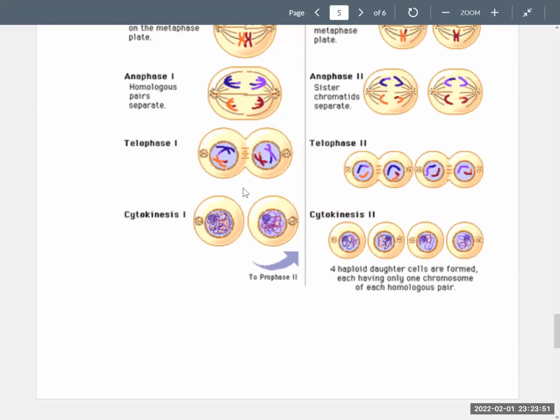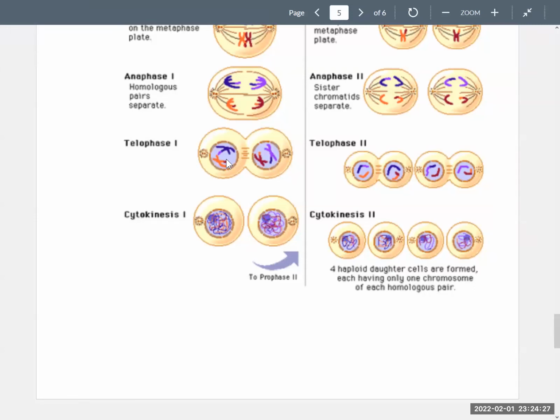At the end of meiosis 1, since you did not break the centromeres, half of the chromosomes went one way and half the other way. That means you had 23 chromosomes going to the left here and 23 chromosomes going to the right. And each of the new cells has only 23 chromosomes.